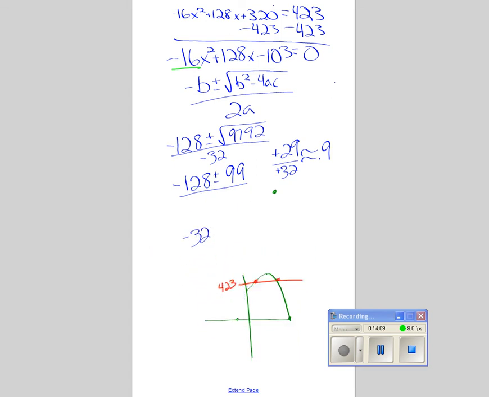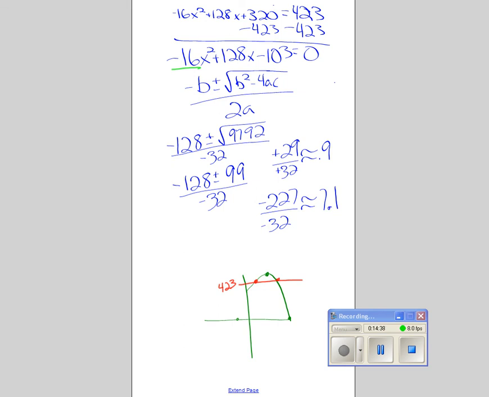I hate this graph. So negative 227 divided by negative 32. That should be like 9 point something, right? Oh no, 7.09. So you can say it's about 7.1.